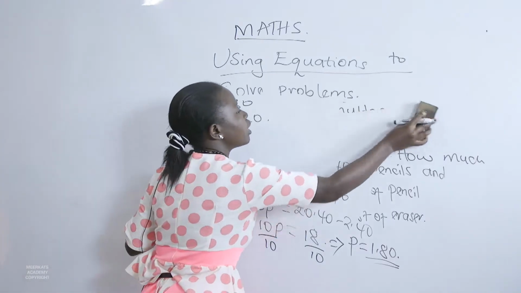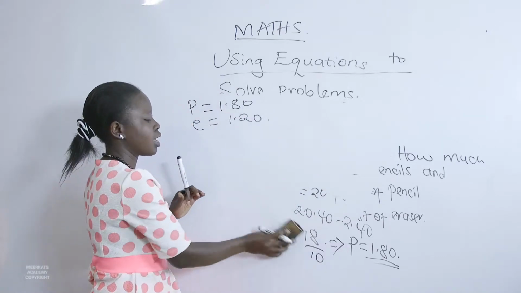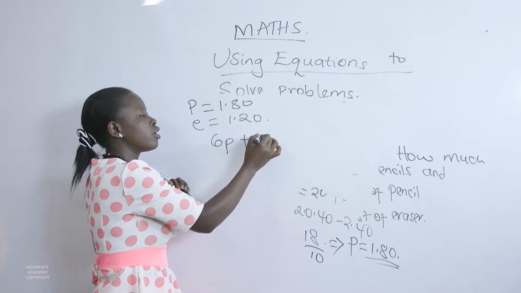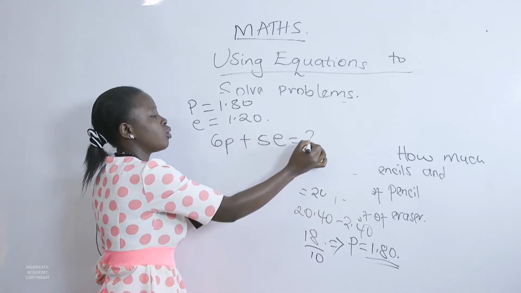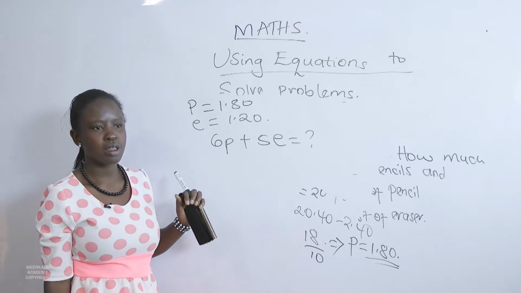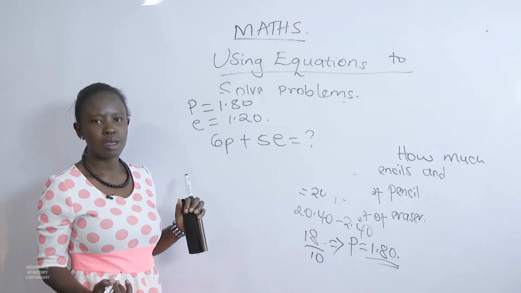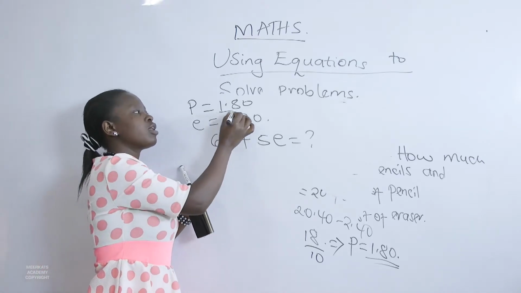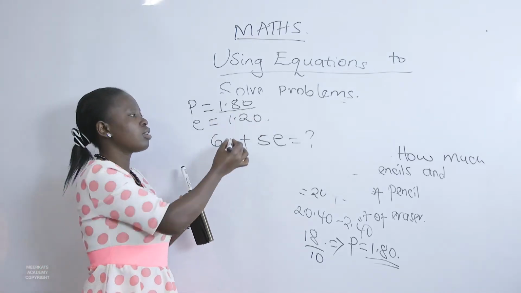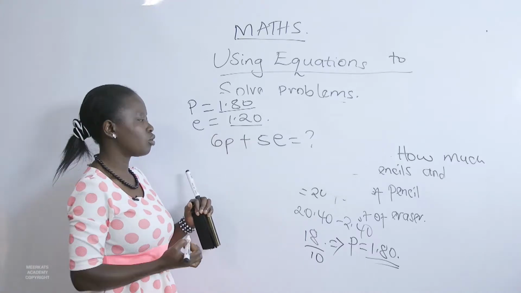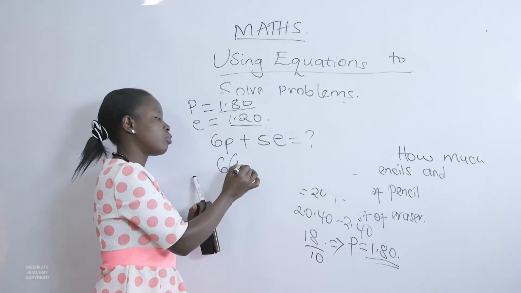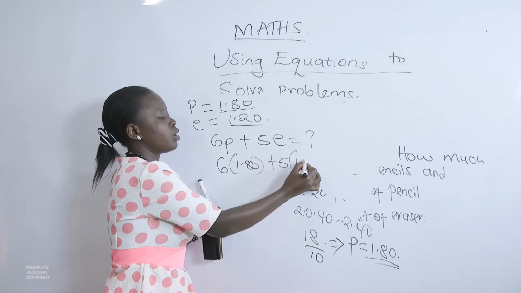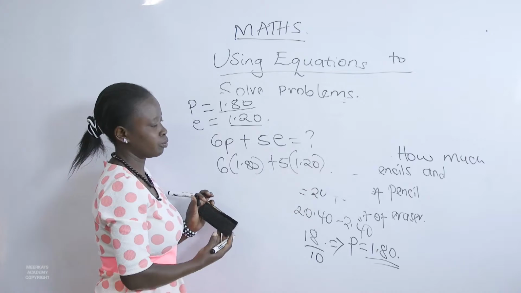We need to find out how much Carl is going to pay for 6 pencils and 5 erasers. So the price of one pencil is 1.80, the price of one eraser is 1.20. So this means 6 multiplied by 1.80 plus 5 multiplied by 1.20.